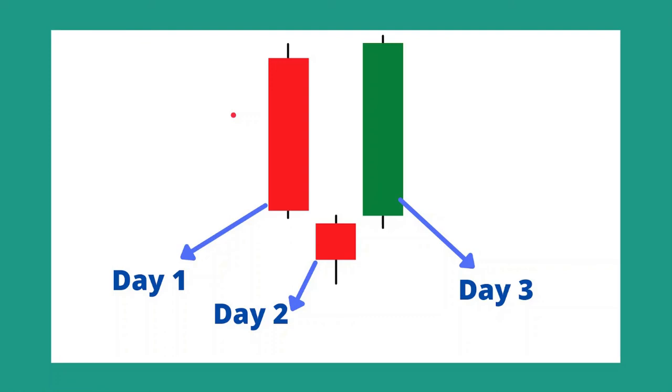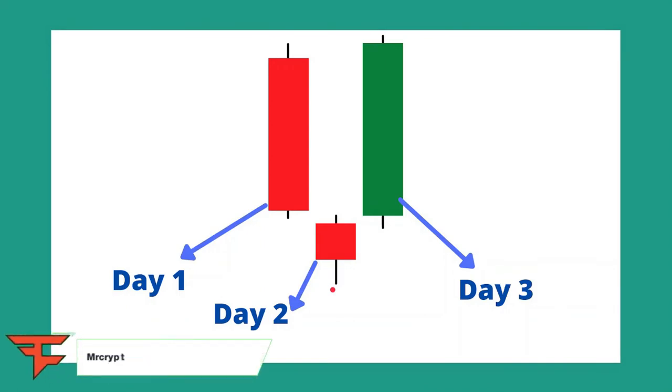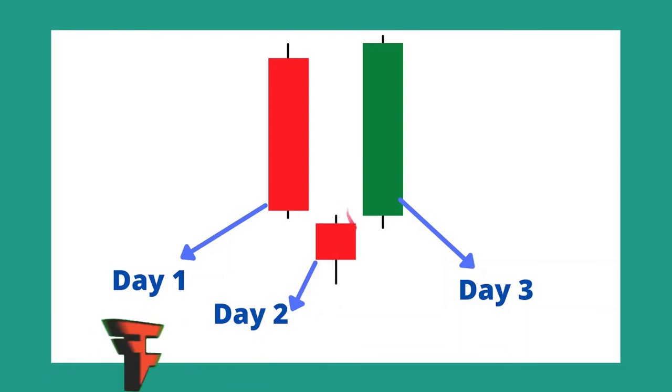Then a small real body or a spinning top appears, as you can see here, gapping down at the open of its session and delighting the confident bears. The star completes its formation in a tight price range. As you can see here, this is the star candle and the range is very tight here, without rising back to close into the prior red real body.